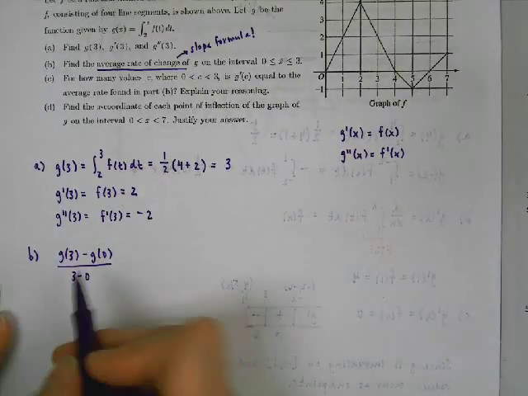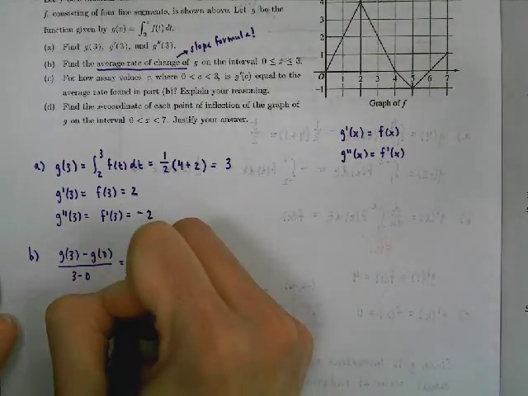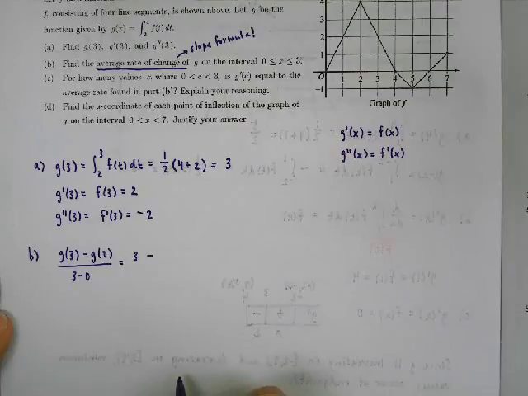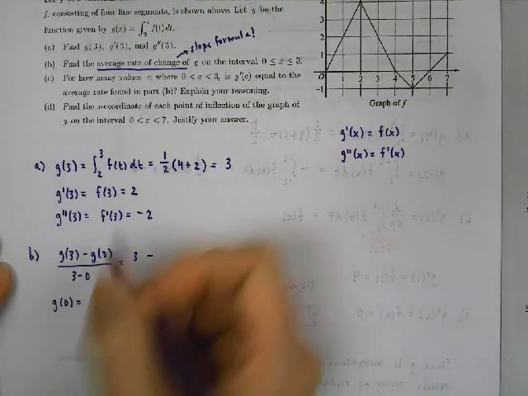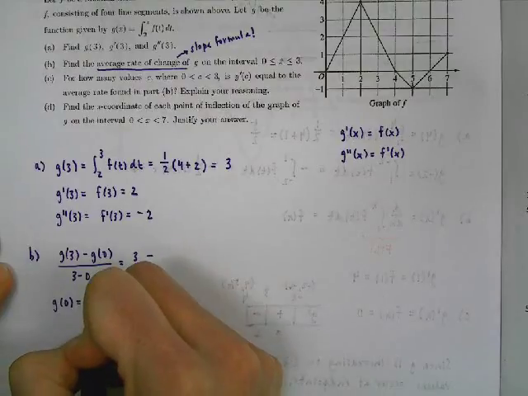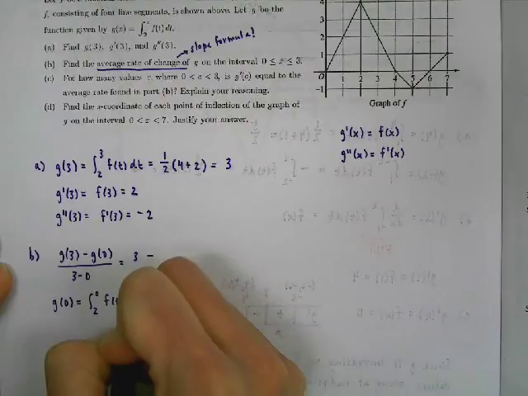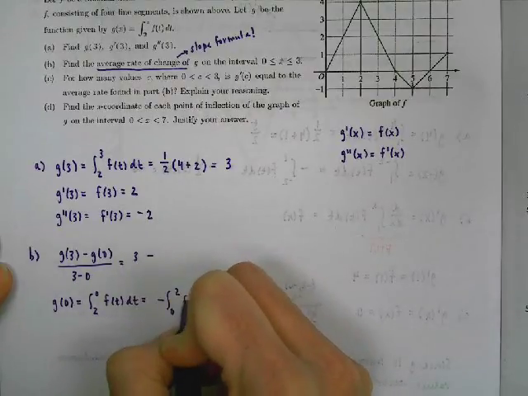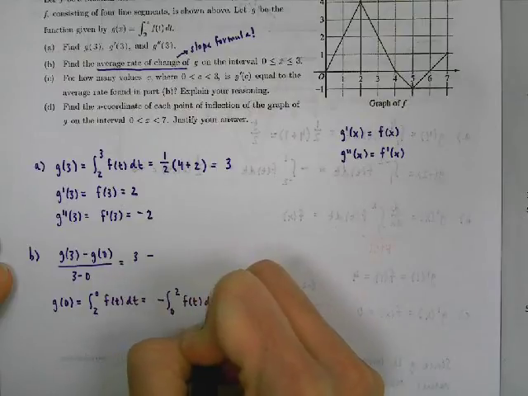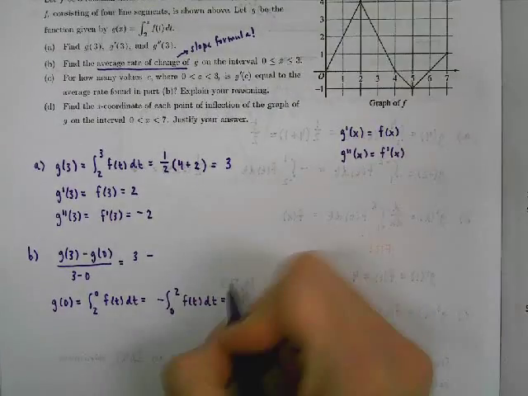Well, we got a little help from up above. I know that g of 3 is equal to 3. Now I just have to go ahead and quickly calculate g of 0. Well, g of 0 is the integral from 2 to 0 of f of t dt, or the opposite of the integral from 0 to 2. And let's see, if I use geometry, I've got a triangle there.